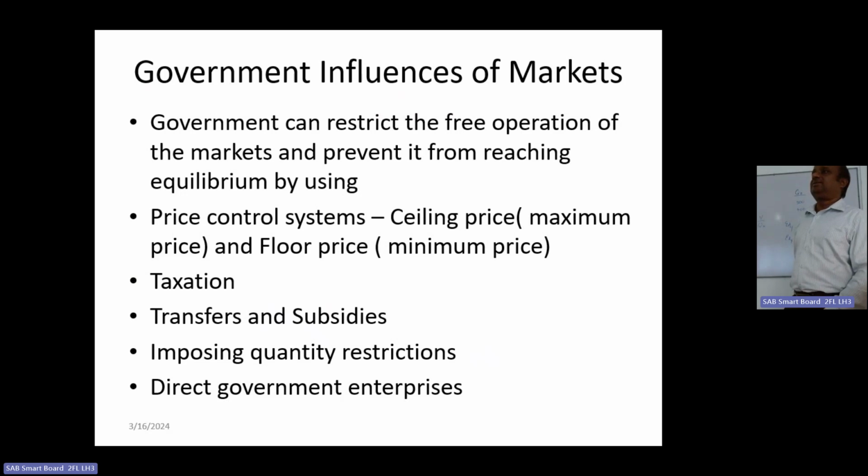Consumer subsidy is a one-way flow from the government to needy people.